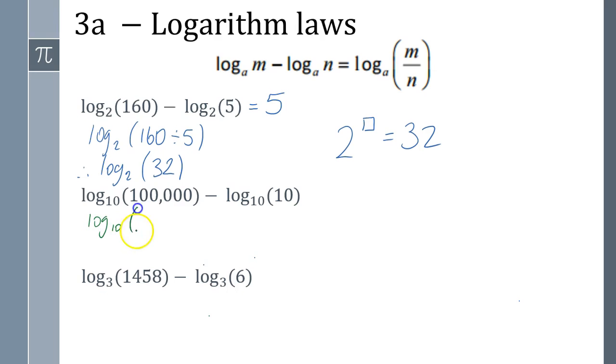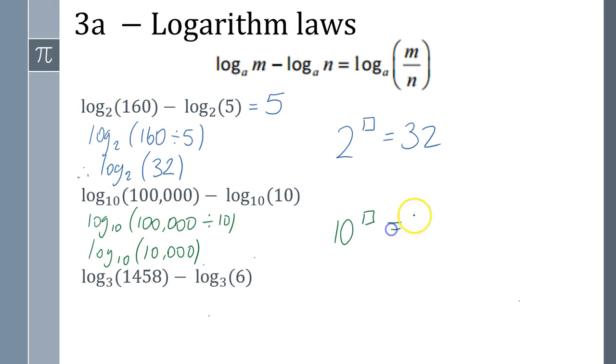Log base 10, 100,000 divided by 10. Therefore, log base 10 of 10,000. Okay, so 10 to the power of what equals 10,000. That's what we're trying to find. So 10 to the power of 1 is 10, 2 is 100, 3 is 1,000, 4 is 10,000.